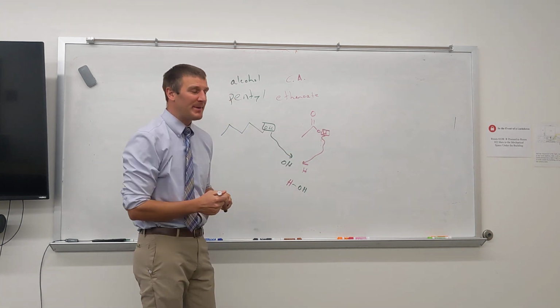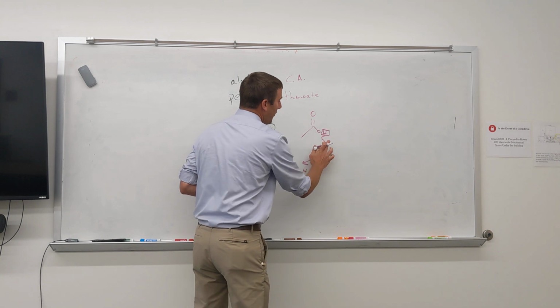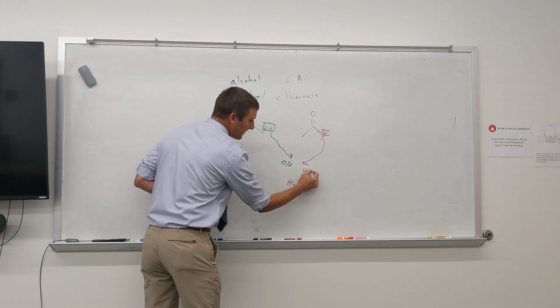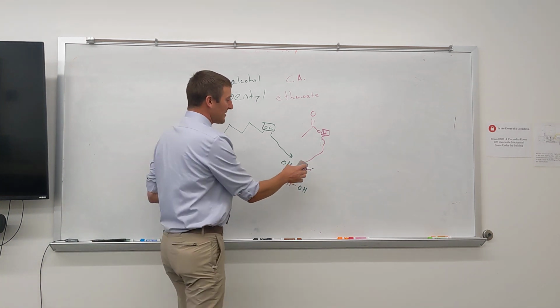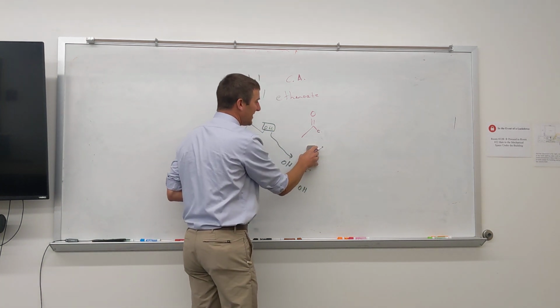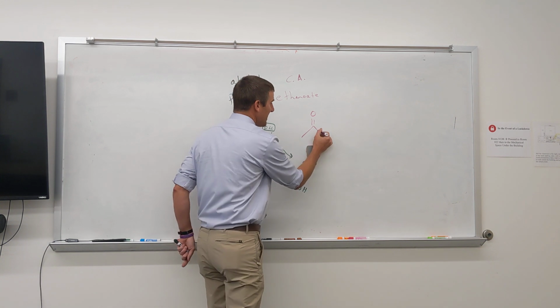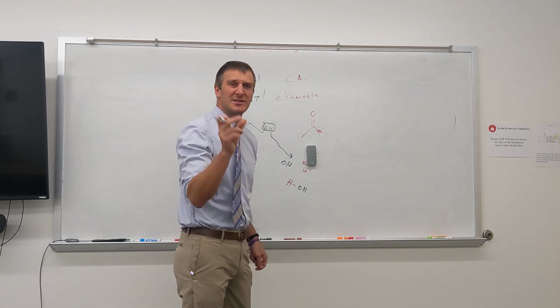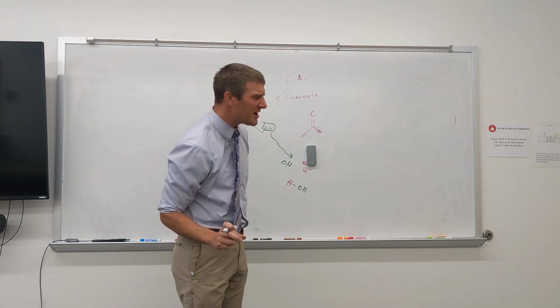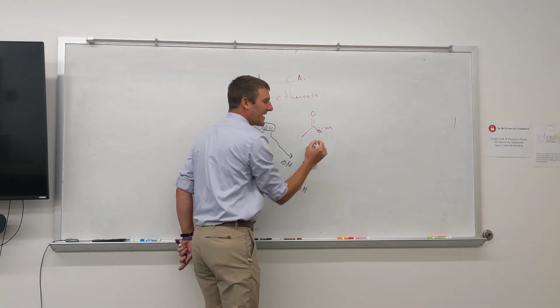When that happens, what's going to be left behind? If this proton left, it's not going to take any electrons with it, because of the foundational rule of electronegativity: oxygen is more electronegative. It's going to take those electrons that were in the oxygen-hydrogen bond in that hydroxyl group, and it's going to become negative.